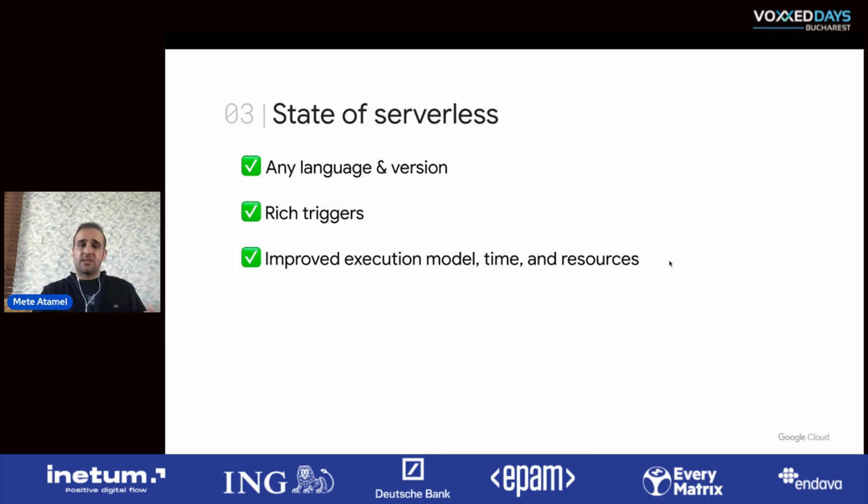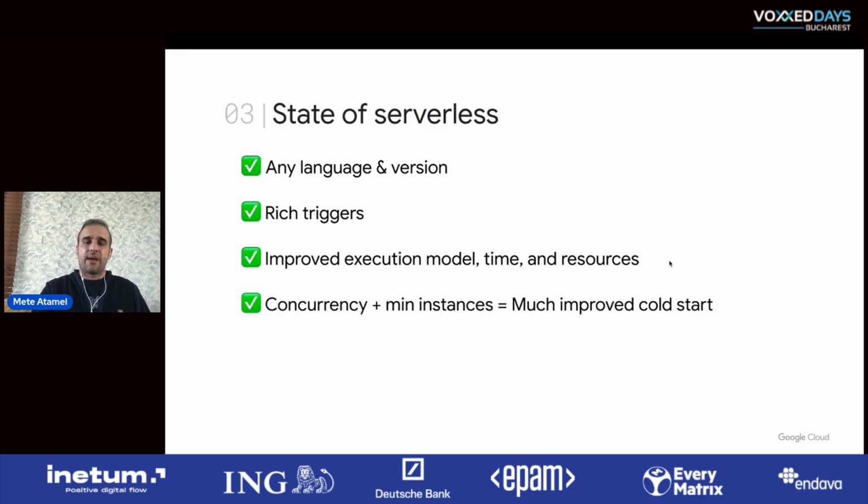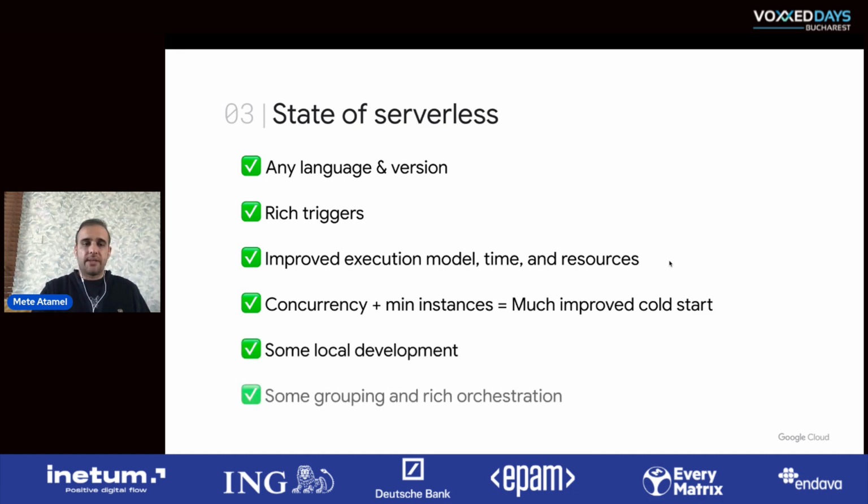You have limitations still on what you can run on serverless, but those limits are much more than before, so you can run more things, and you can also combine other things like service so that you can run pretty much anything you want that gets kicked off from a serverless service. You don't have cold start problem anymore. You have local development, and you have rich orchestration options that allow you to combine these services again in a serverless way.